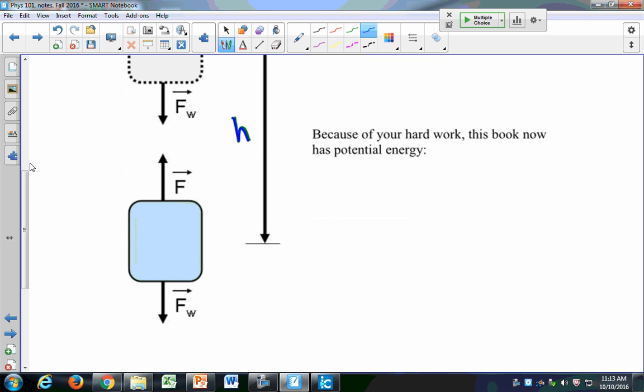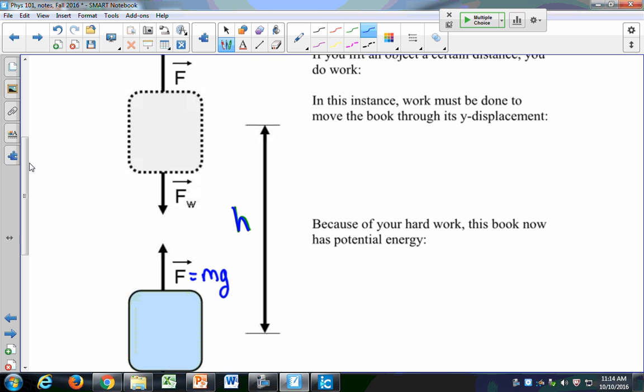There is a force weight, which is equal to m times g, and then I have to apply that same force, m times g, to make it move at a constant speed. If it accelerates, actually I have to apply a bigger force. But let's say I'm moving at a constant speed from this point up to another point. I've done a certain amount of work on this object.